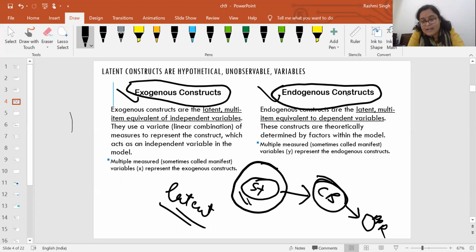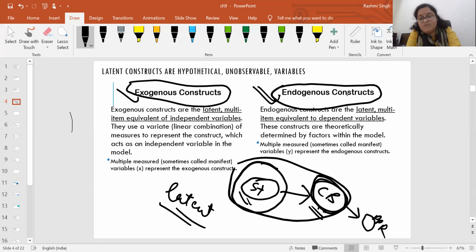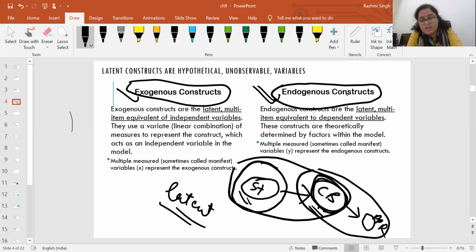Second is the compulsive buying. Because we are discussing structural equation modeling, here we will say that this compulsive buying is acting as an exogenous construct. For this set of relationship, this compulsive buying is acting as an endogenous construct. But when we are talking about this set of relationship, then this compulsive buying is acting as an exogenous or independent variable or exogenous construct.